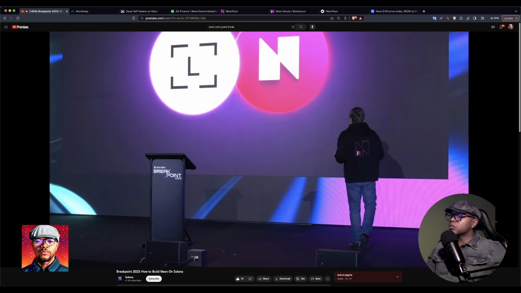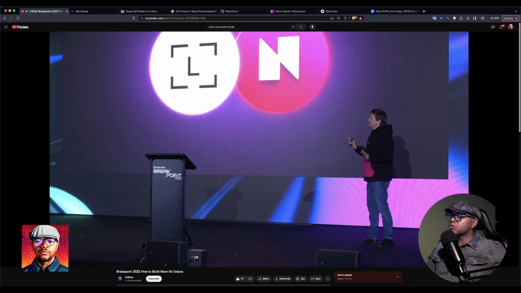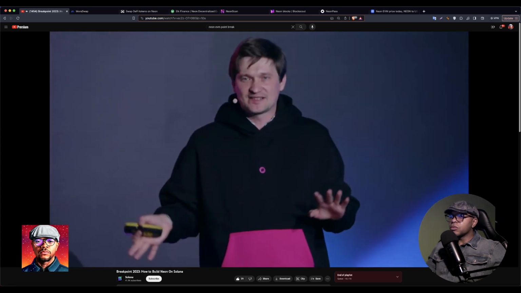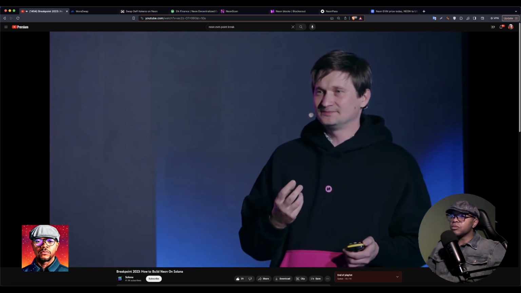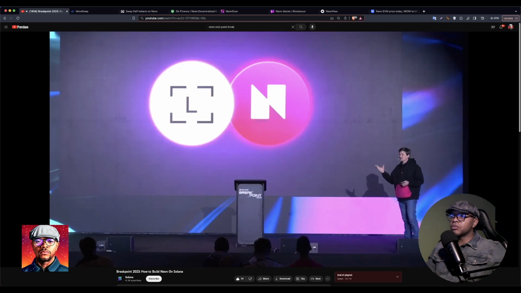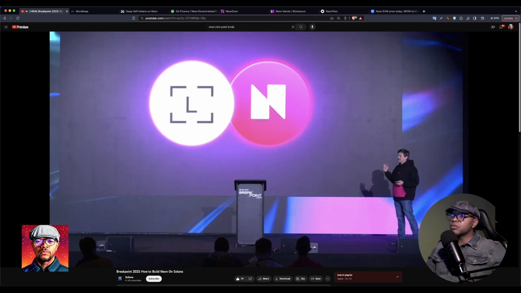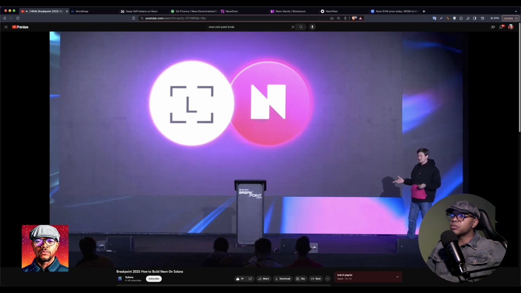The next: Ledger is a very popular name in the world of hardware wallets, and since Neon EVM supports the Ethereum protocol, it's very easy to use Ledger to sign transactions in Neon EVM.